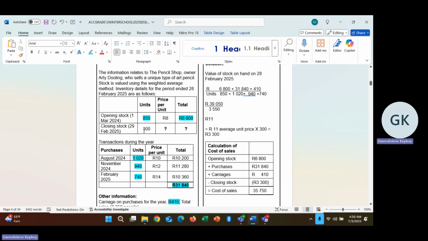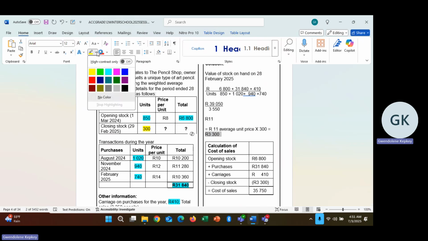Obviously, I now need to highlight how many items I have left at the end of that specific period. And the number of items I have left is 300. So your average price per unit, multiplied by the number of items I have left at the end of that period, tells you that your closing stock value is 3,300.